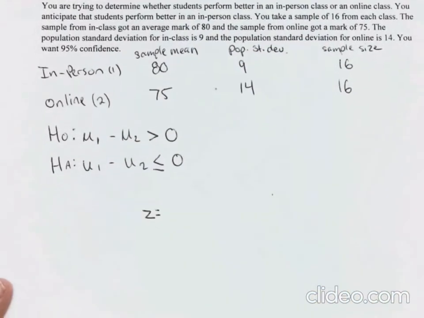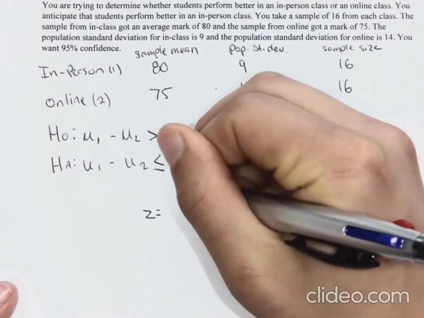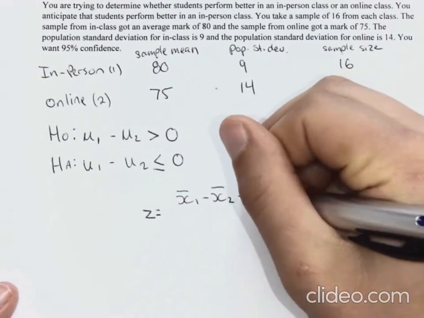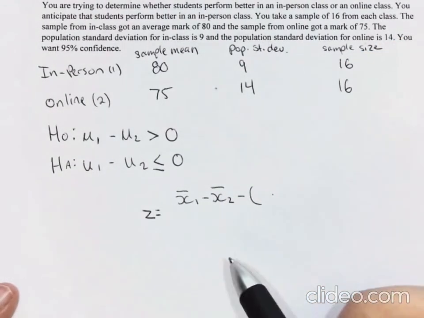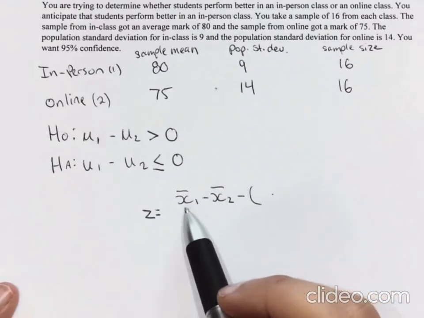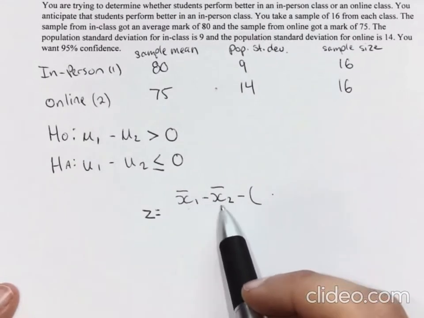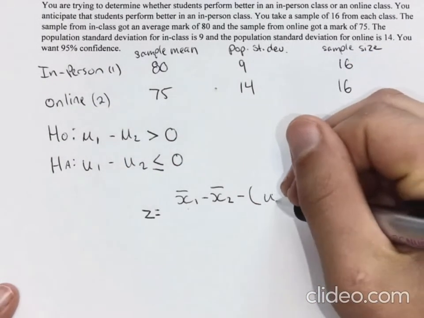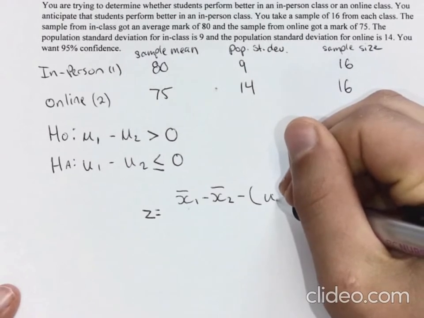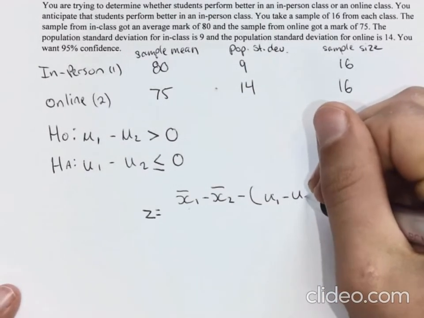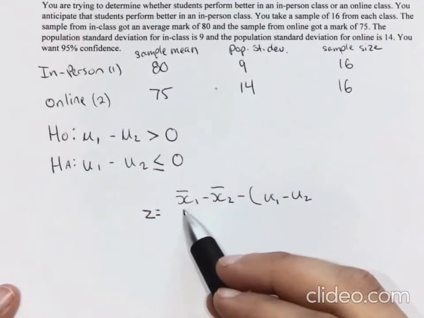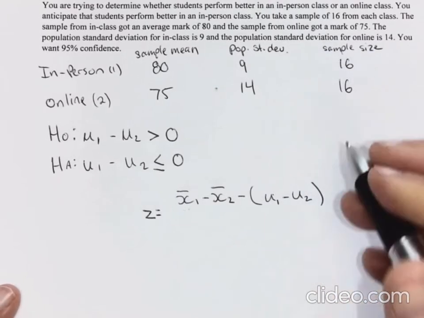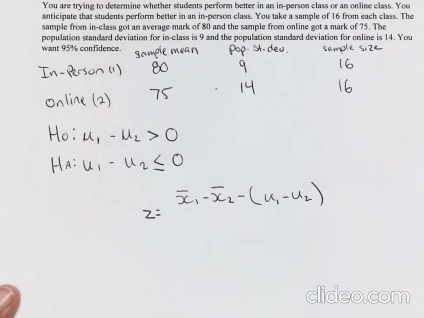So z equals the population 1 mean less the population 2 mean, in-person versus online, less the sample mean minus the population mean for in-person minus the population mean for online, which we don't know.